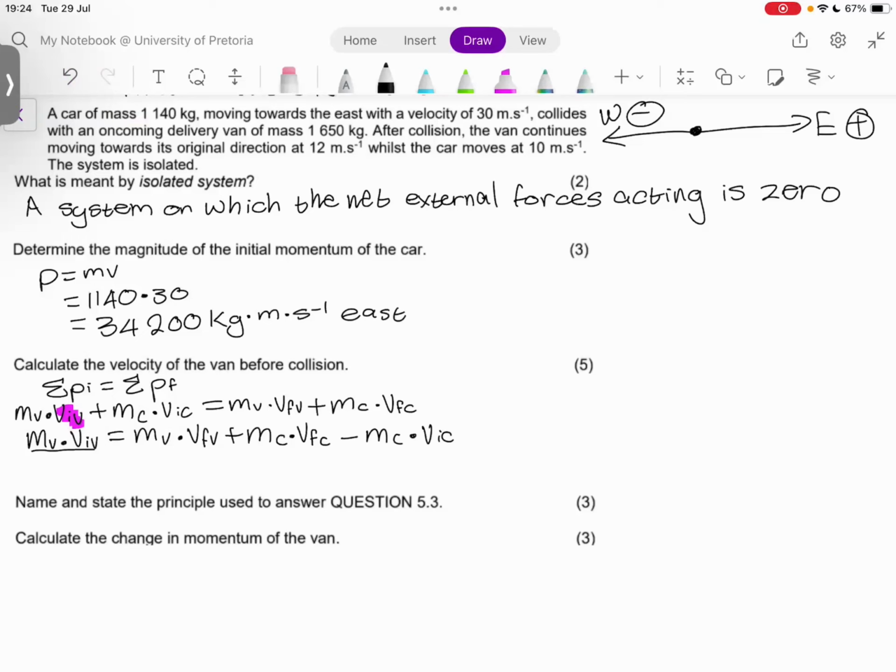After this, we have to divide both sides of the equation by the mass of the van. That then gives us VIV, which is the initial velocity of the van, is equal to what I'm writing down over here.